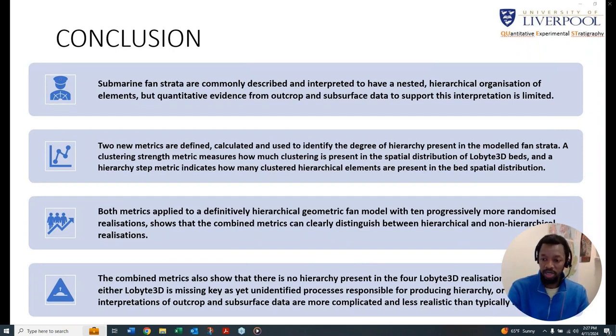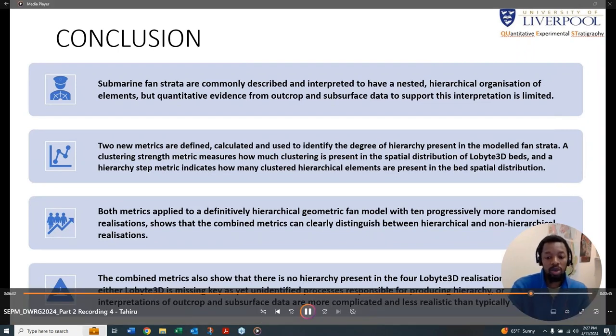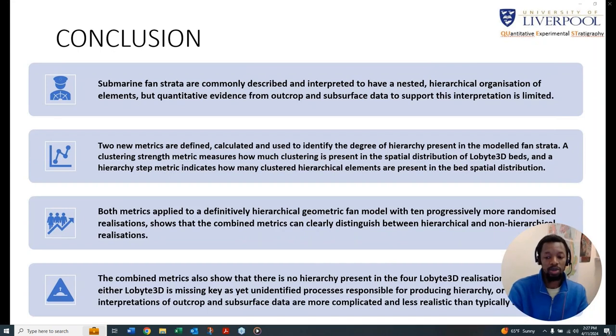And we used these two metrics on 10 progressively more randomized realizations in order to form a hierarchy regime. And when we combine these two metrics and apply them on the 4 scenarios that we have in our model, because our model is close to something in nature, we realize that they all fall within the non-hierarchy regime.